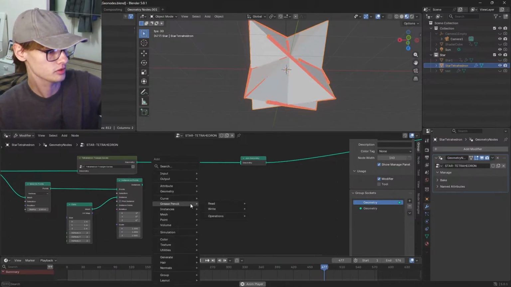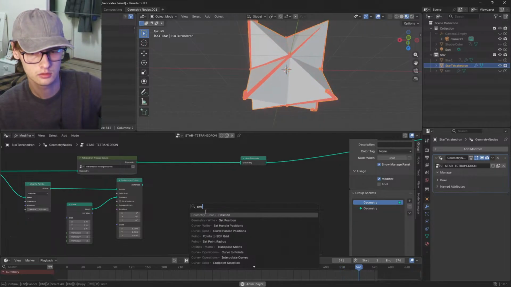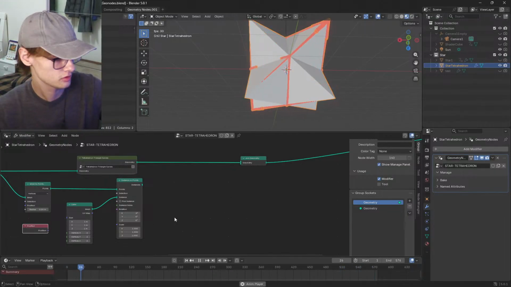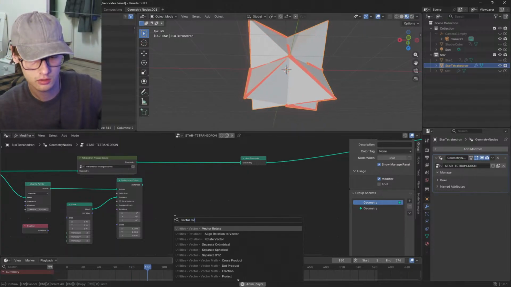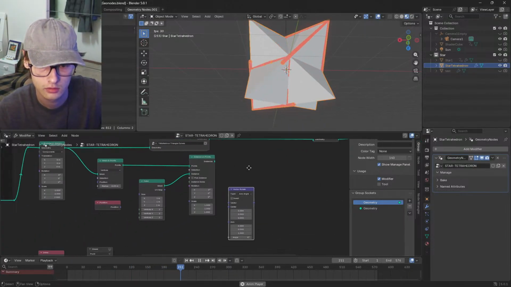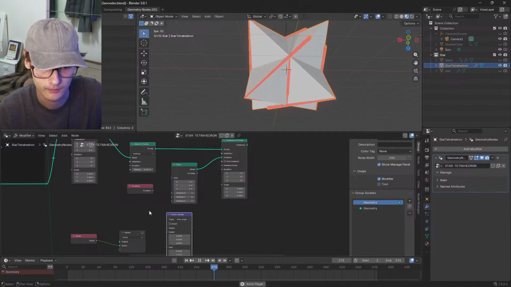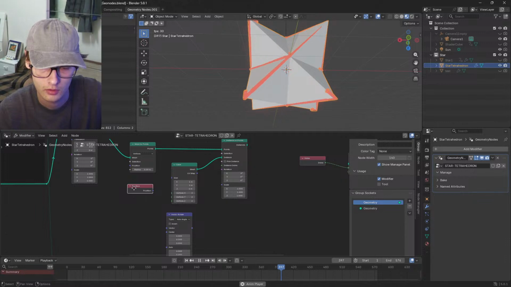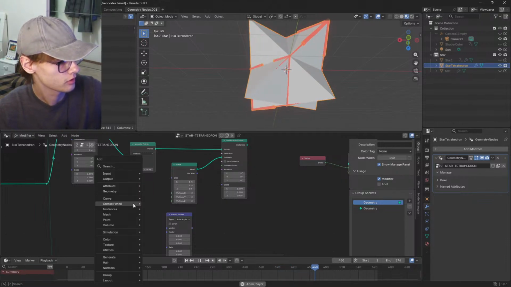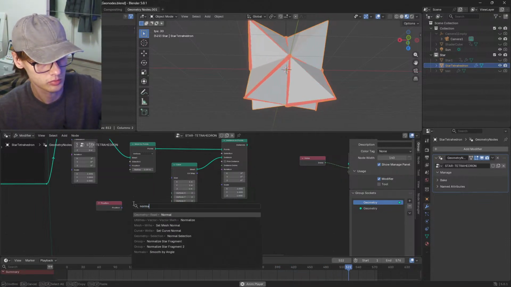Let's get the position of the points, and if we get like vector rotate, and normalize the position.